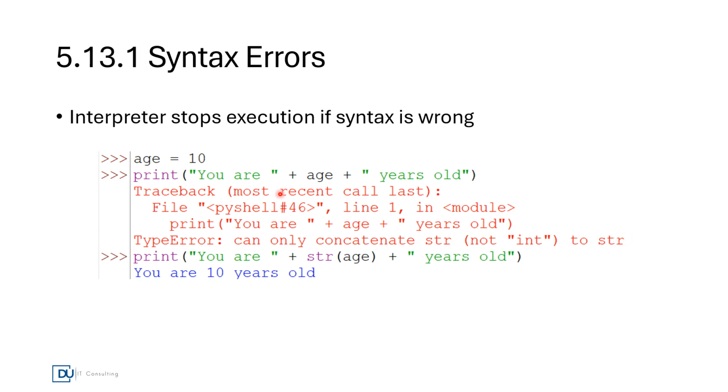The way to fix this problem is to use a string conversion method called str, where we call the str function and pass the variable age. And now the error is fixed and we get the expected output.